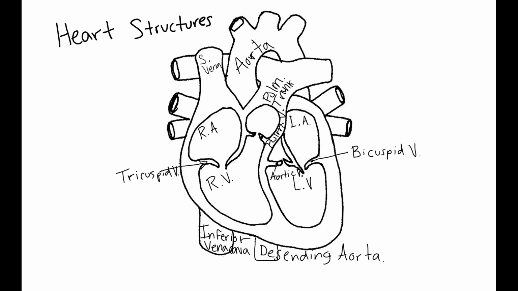Alright, so let's go back up here to the pulmonary trunk. So this is going to be the left side, and this is going to go to the right side of your lungs. So those are your pulmonary arteries. So this is your left pulmonary artery, because remember, arteries are going away from the heart.